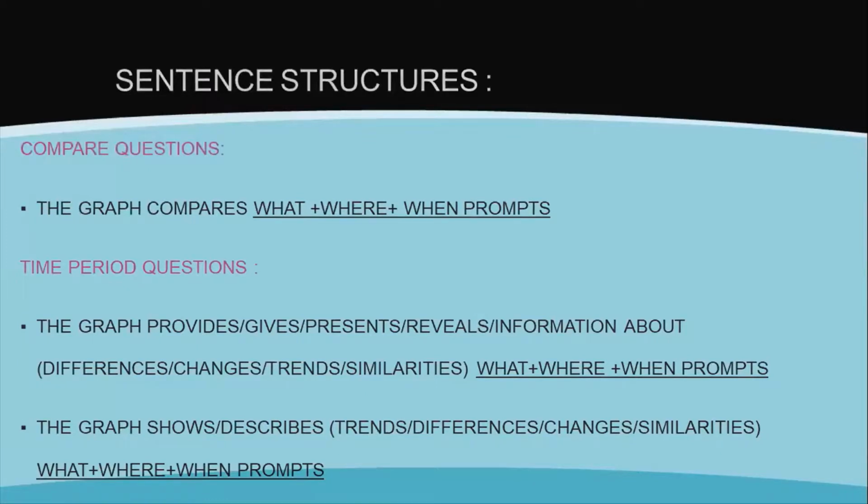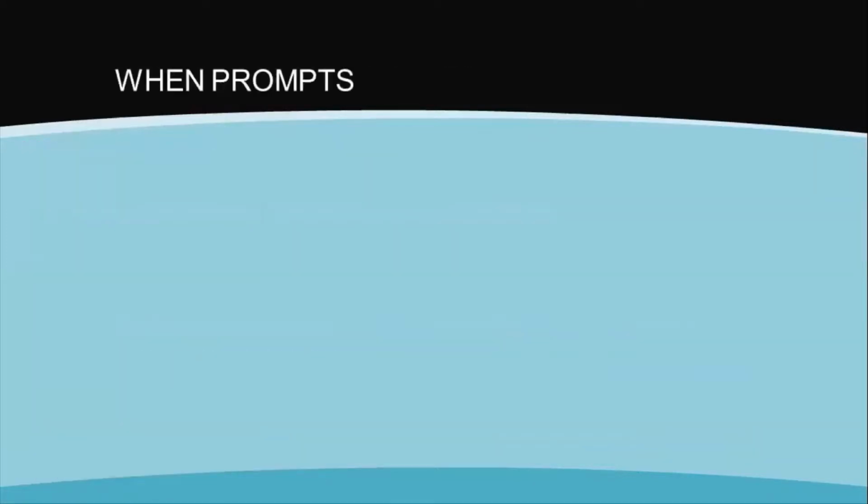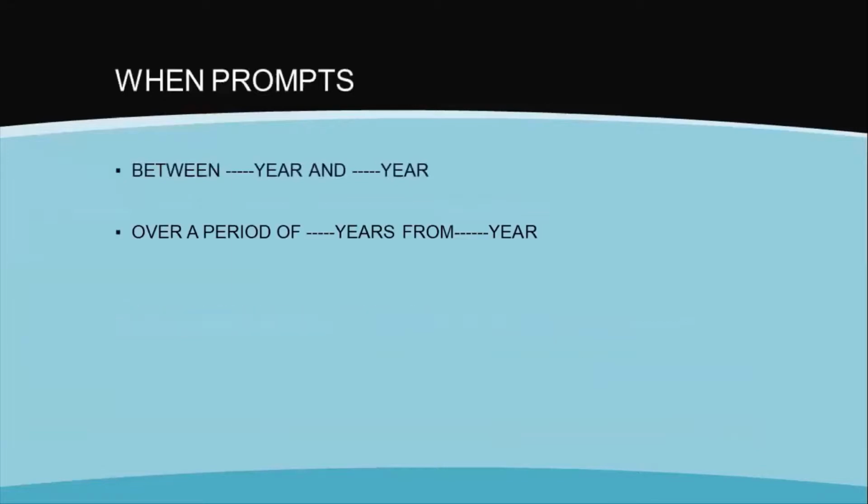So let's see some when prompts. When prompts are some ways of writing the when. When means mentioning the time period. Between year and year, like between 1990 and 2000. Over a period of 10 years from 1990.